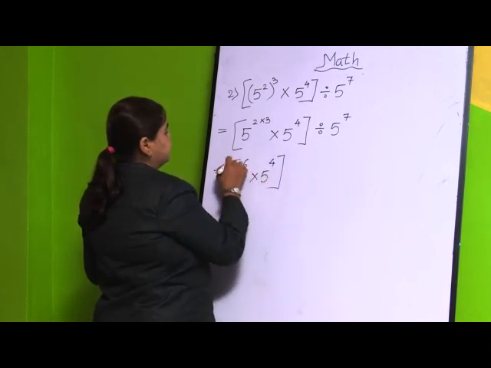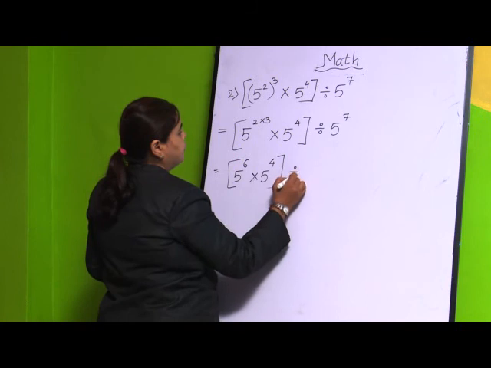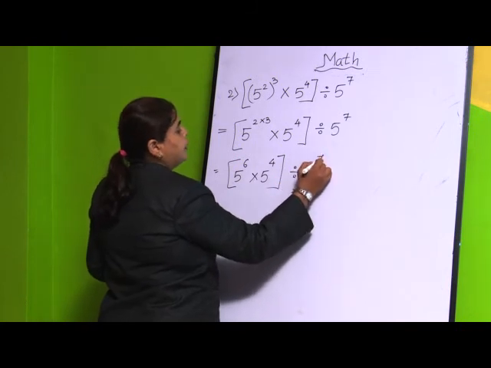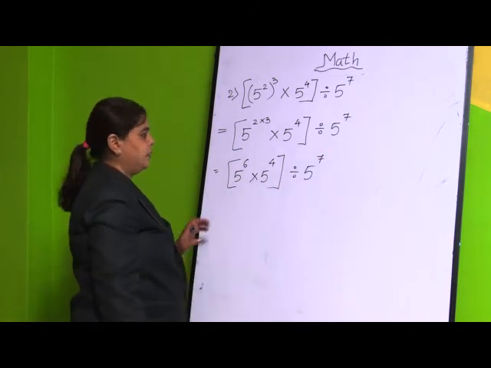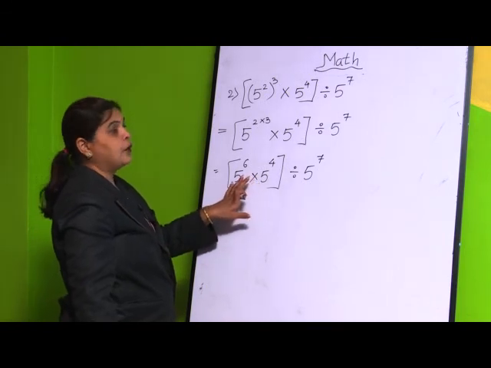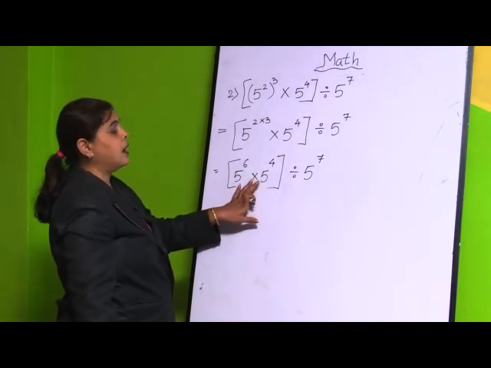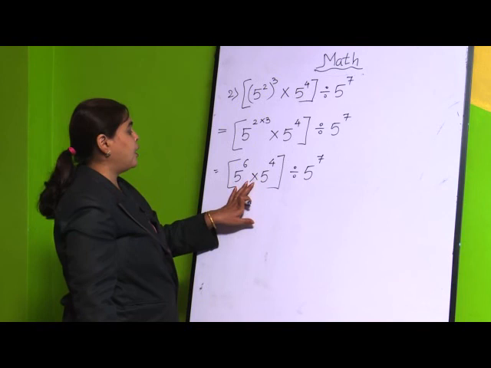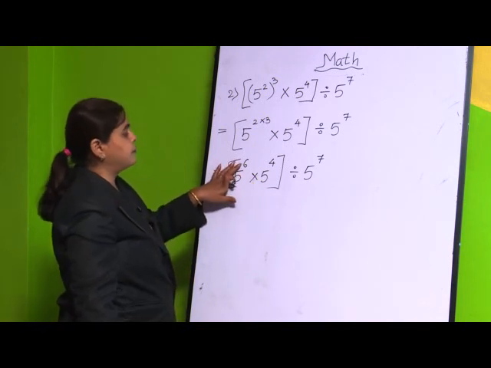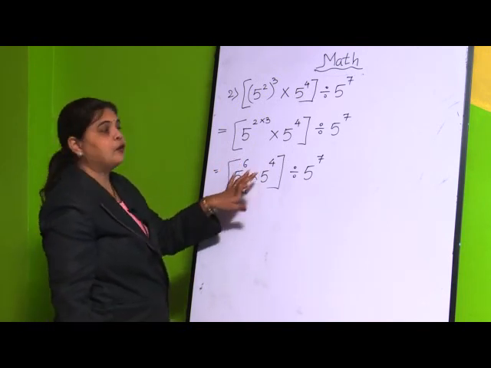I will write as it is, divided by 5 raised to the power of 7. Now, this multiplication is very simple: 2 times 3 is 6, so 5 raised to the power of 6, into 5 raised to the power of 4, divided by 5 raised to the power of 7.